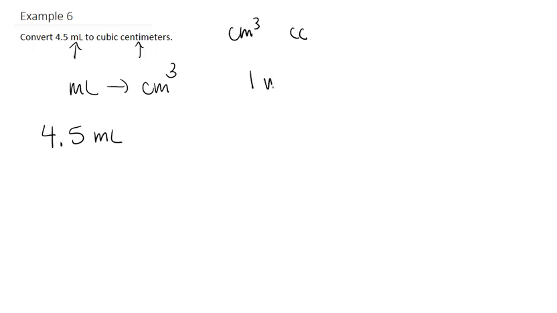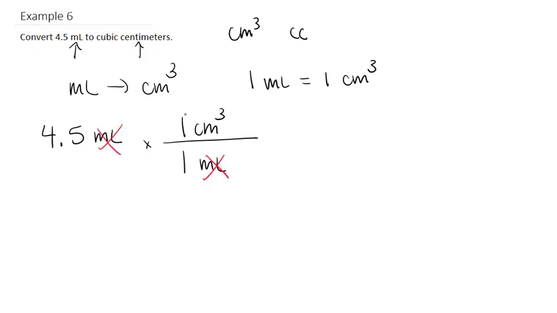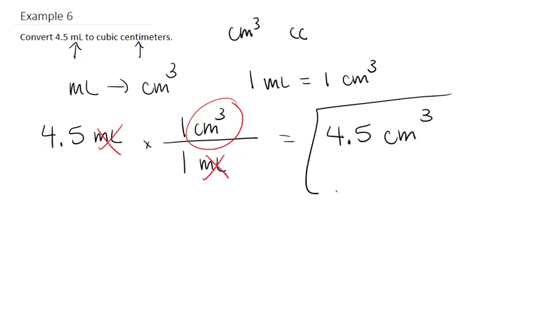So we know 1 milliliter is equal to 1 centimeter cubed. So in order to get rid of milliliters, we're going to put 1 milliliter on the bottom and then the 1 cubic centimeter on the top. We can cross out milliliters, and we're left with just centimeters cubed. And so we would just go 4.5 times 1 divided by 1.